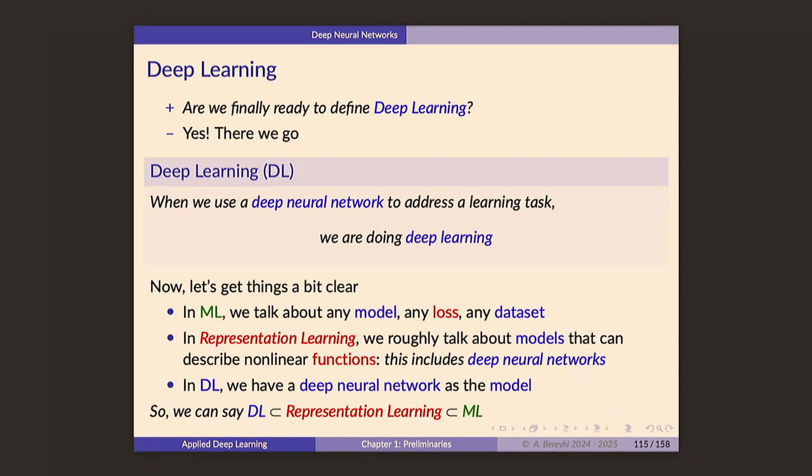But the good thing about deep learning is that its results have shown that they are very sophisticated models. So you basically don't need to go ahead and find other kinds of models, right? Deep neural networks are fine enough to do all of it, right? So this is the good subset of representation learning. This is why we don't have anything about representation learning anymore, at least in this course. Okay?